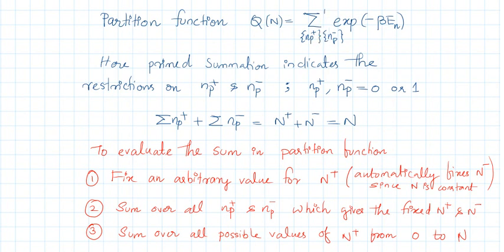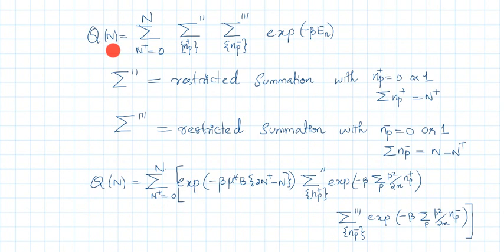Okay, so we can write the partition function equal to sigma N plus equal to 0 to N, this summation over n_p plus and summation over n_p minus, exponential minus beta E_N. This double primed summation over n_p plus means restricted summation with n_p plus either 0 or 1 and sigma n_p plus equal to capital N plus.